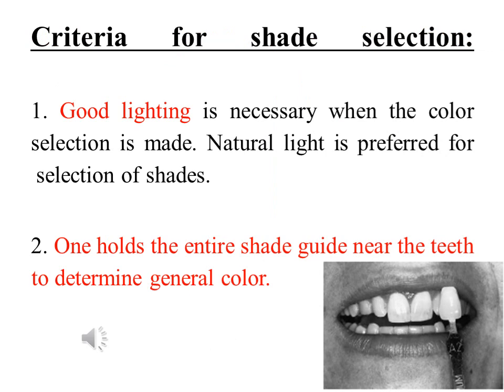Criteria for shade selection. The first step after anesthesia, then preparation, then isolation, then the shade selection. As we said, we have a shade guide as here in the picture, and we select the correct shade for the natural teeth.